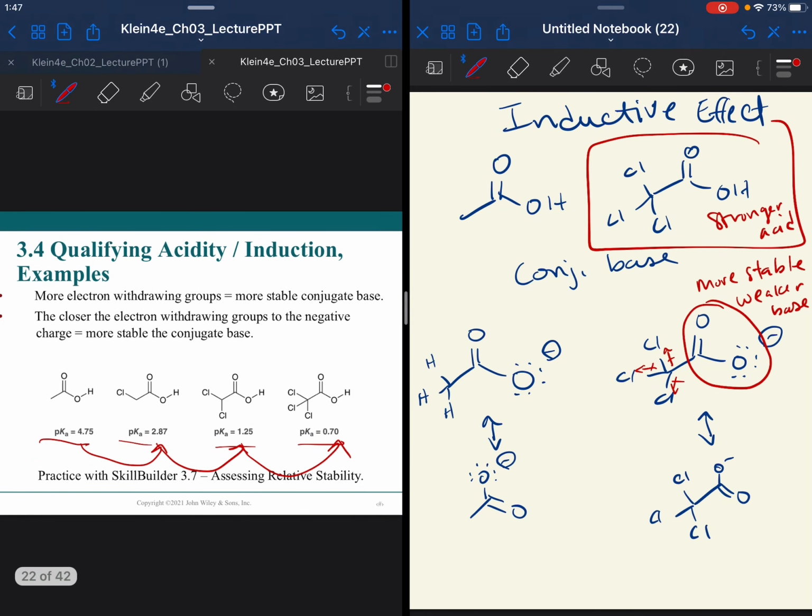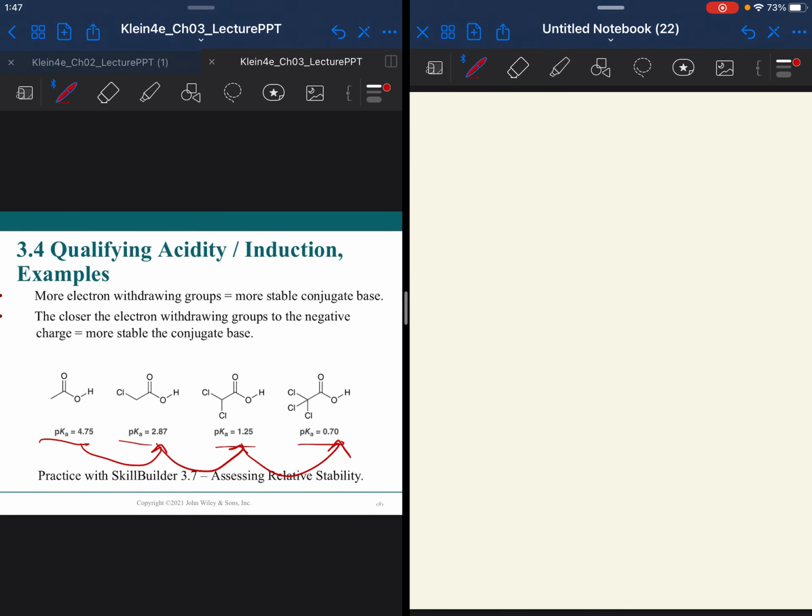Proximity is also important. So, for instance, if we were going to compare putting a chlorine right next to the carboxylic acid versus putting the chlorine a carbon down, this one is going to have a stronger inductive effect because the chlorine is closer.